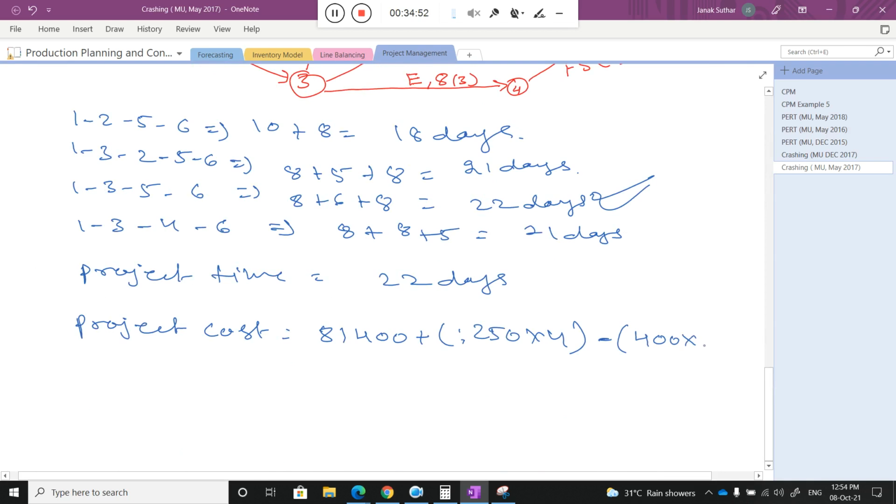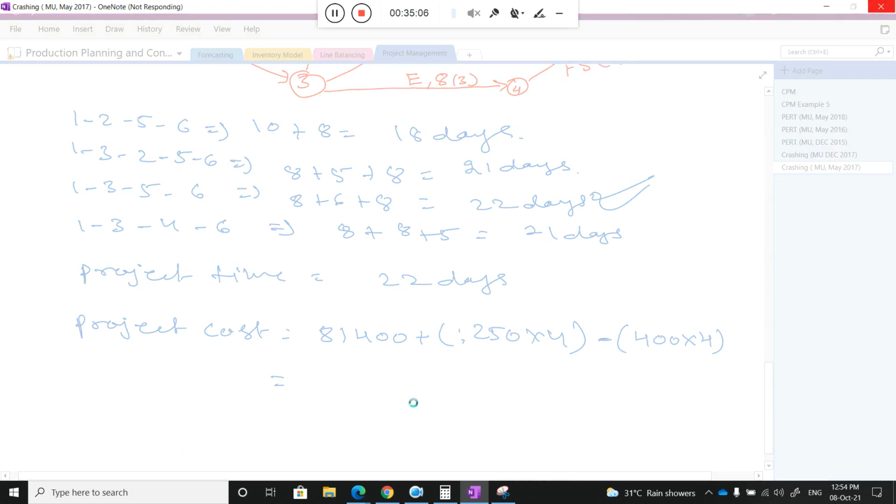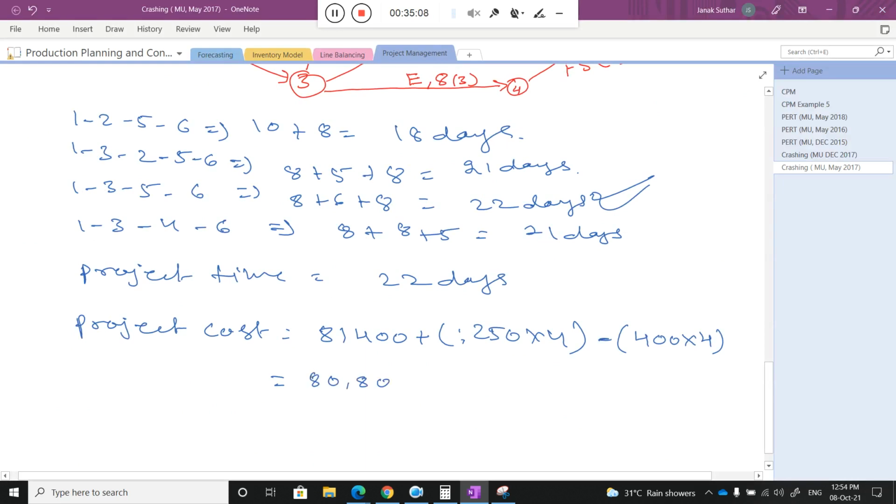That is 400 into 4. Can you quickly calculate what will be the project cost? 80,800. I have written it here. So now 80,800 is the cost.